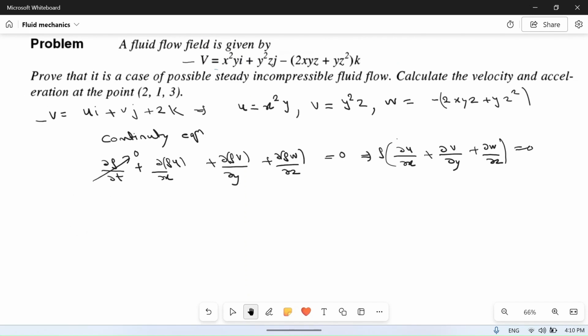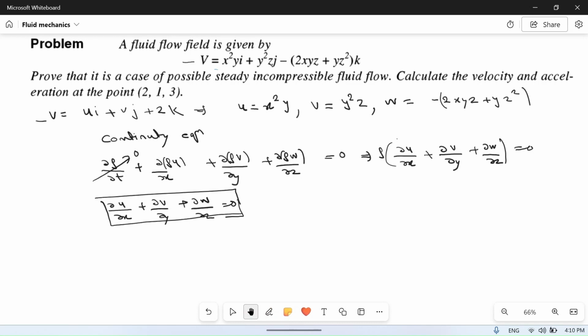So from here we can write ∂u/∂x + ∂v/∂y + ∂w/∂z = 0. This is the continuity equation, simplified for incompressible and steady flow. If this velocity field satisfies this equation, then it is possibly a fluid flow.